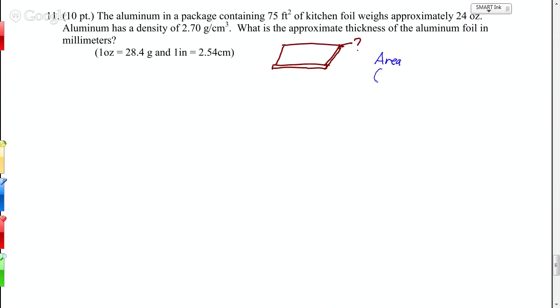So the area, which is length times width, times the thickness, which we might consider as the height, is the volume.